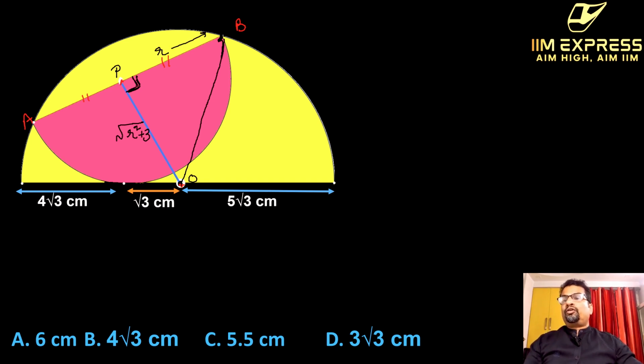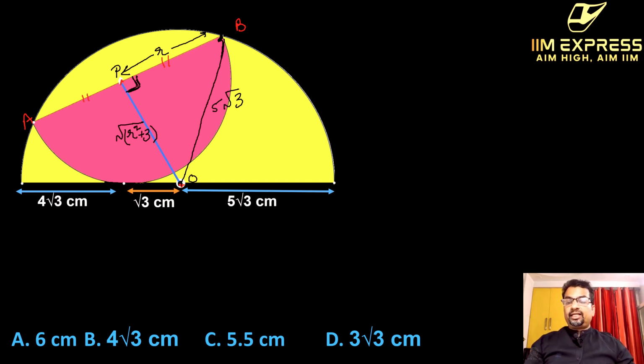The radius of pink semicircle, which is R. PO, that we know, is square root of R square plus 3. And what is BO? BO is the radius of yellow semicircle, which we have got recently. It's 5 root 3.